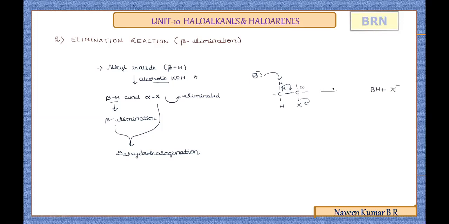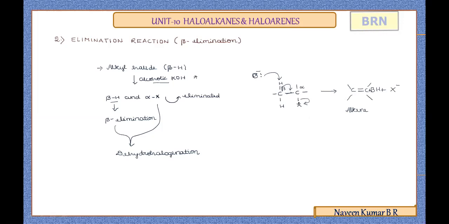As a result of this, the resultant compound formed is an alkene. As I have shown, the other group may be any R group, and this will be the hydrogen. Hence, an alkene will be formed as the major product in the process of beta elimination reaction. This is a simple illustration of how a base will initiate an elimination reaction as a beta elimination process.